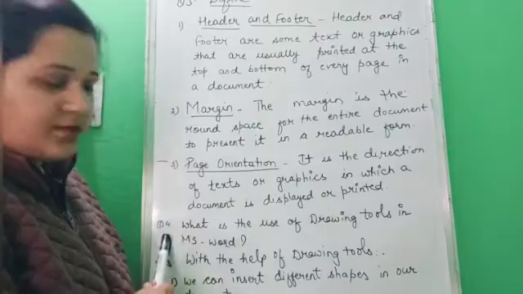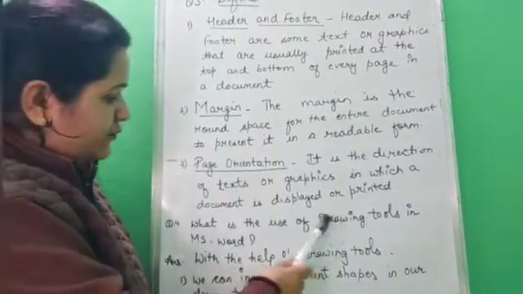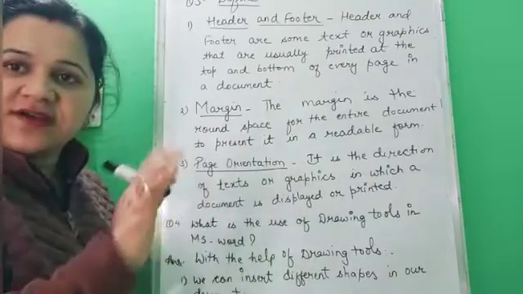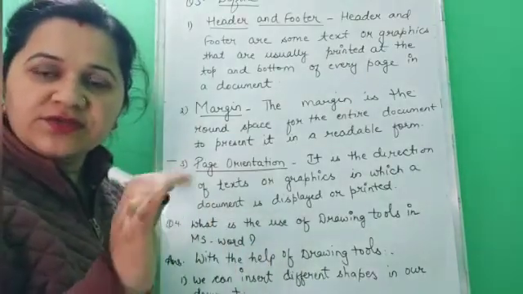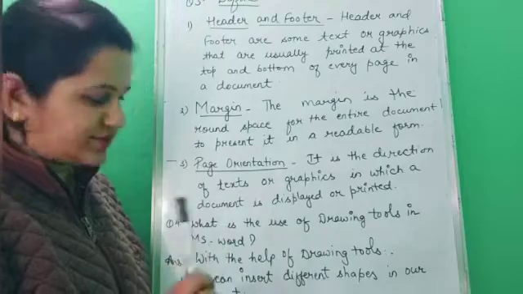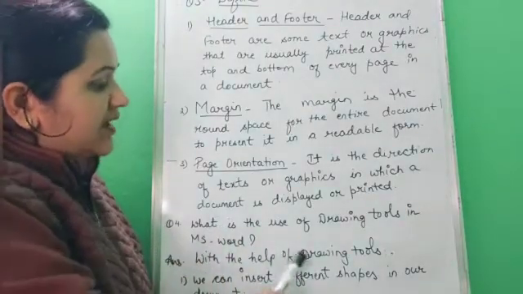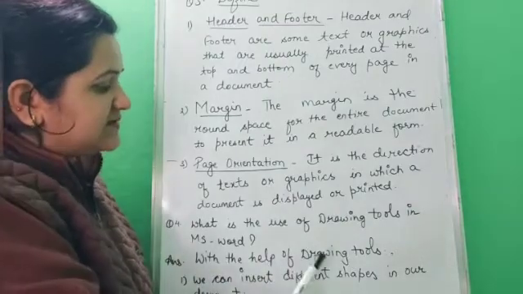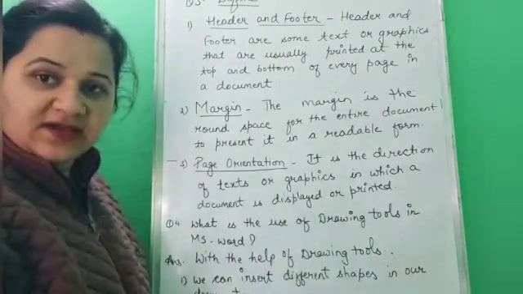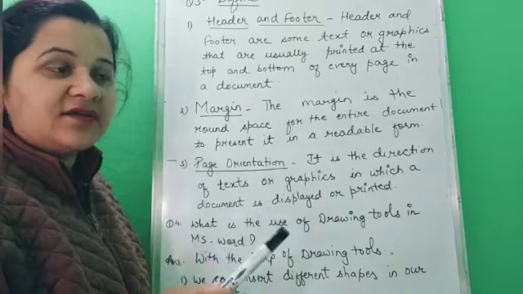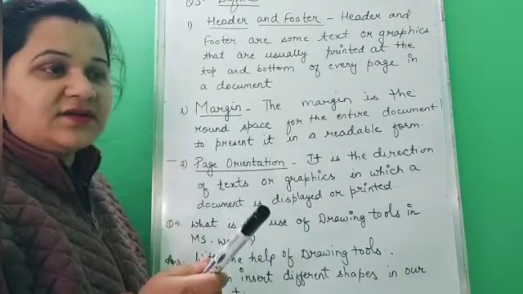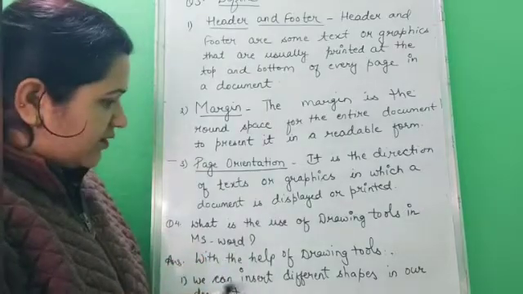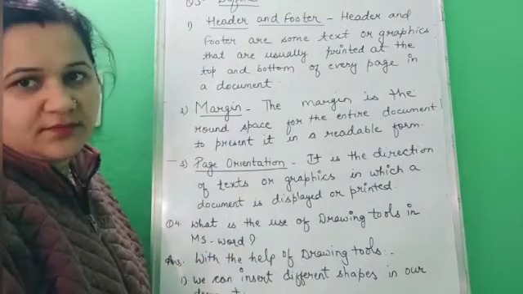Question number 4. What is the use of drawing tools in MS Word? Now children, we have studied about 3 tools: formatting tools, editing tools and drawing tools. With the help of drawing tools, we can insert different shapes like rectangles, stars, banners and basic shapes in our document.